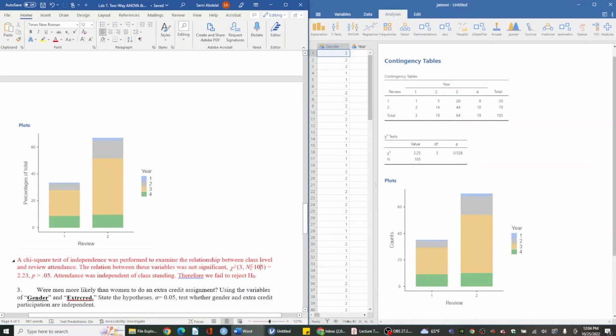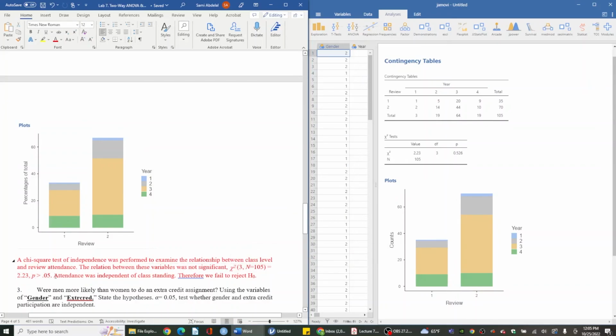The reason why you put the N in the answer is because chi-squared is really sensitive to sample size, so it's helpful for the reader to know how many people were in your sample. We have the chi-squared value, and we have p greater than 0.05 because it is greater than 0.05.